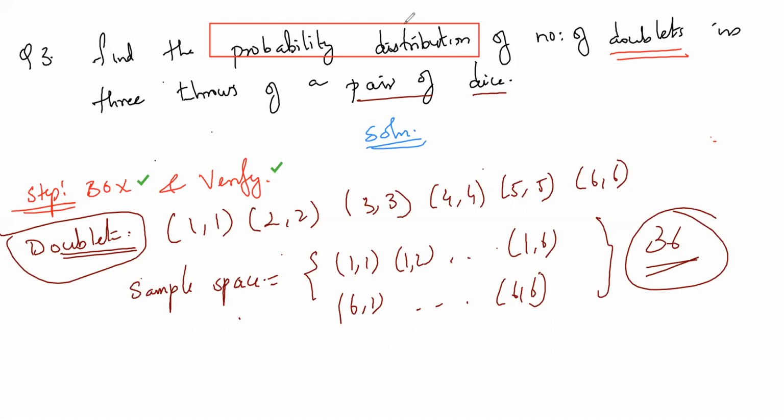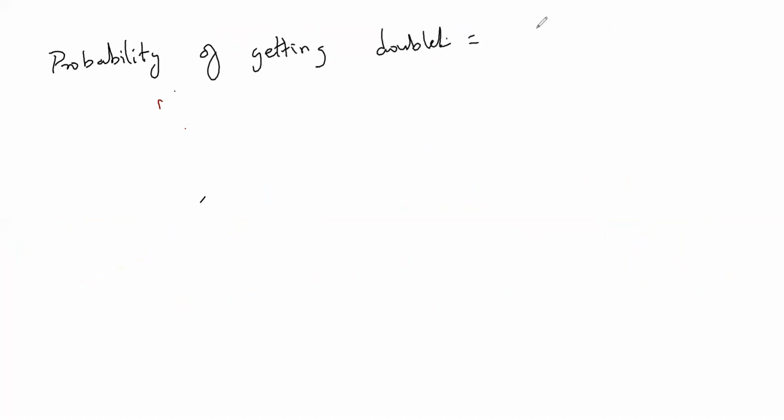And we should know one more thing: what is the probability of getting a doublet? That is 6 out of 36, because 1, 1, 2, 2, 3, 3, 4, 4, 5, 5, 6, 6. Correct? So that is 1 by 6. So 1/6 is a doublet.